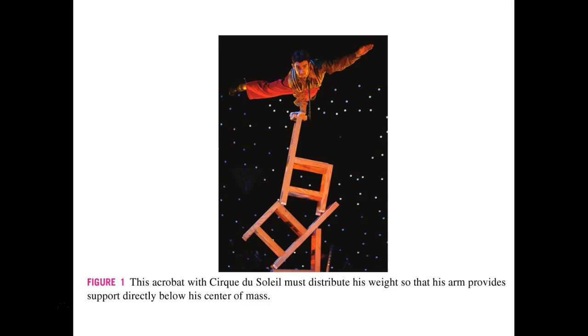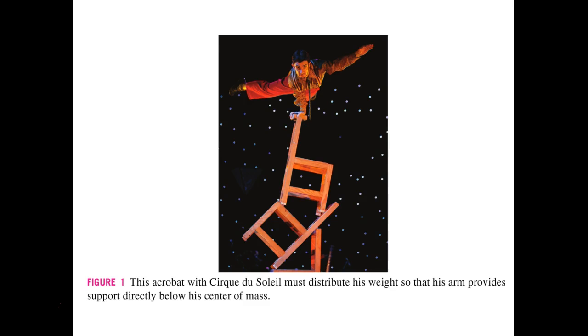But what he has to do, and it looks really complicated, and it is complicated enough, but the thing is, all you have to do is make sure that the center of gravity is right there, okay? And that's what they've done with this. And that's why he, as if I could do this, is holding himself up one arm.